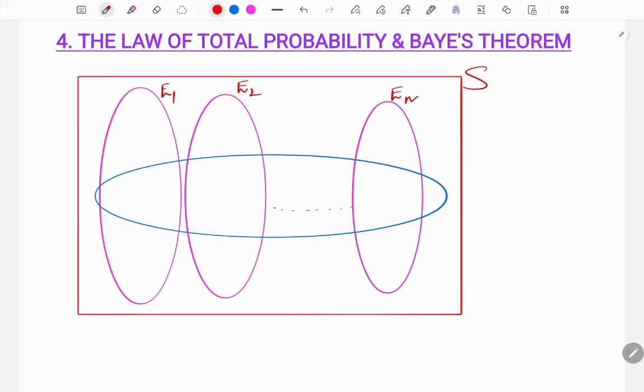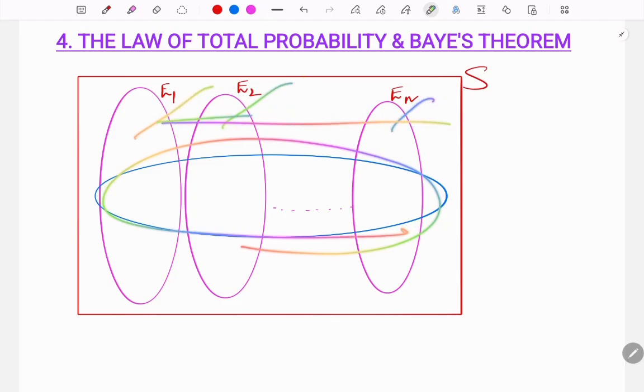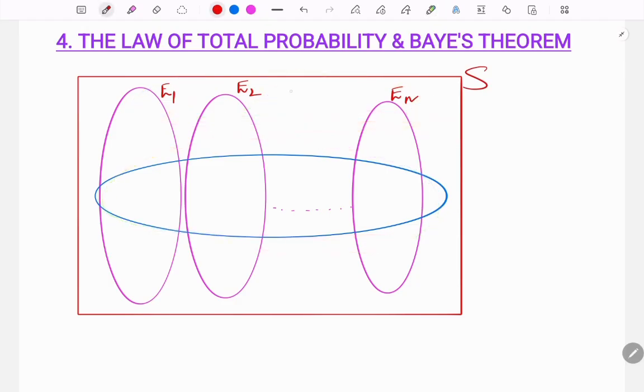And now I define one more event. It is the common part of all the given events E1, E2 and so on, up to En, which have already occurred. Now I am naming this event A. Now tell me, what is this part's name? It is the common part of both A and E1.